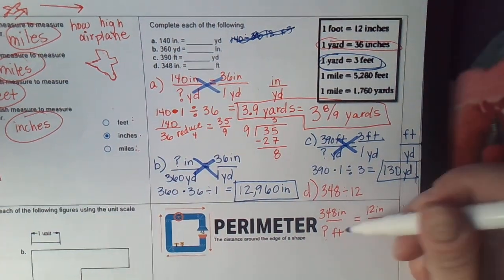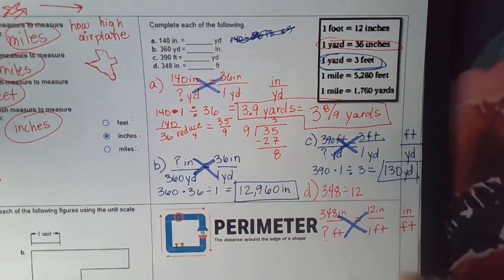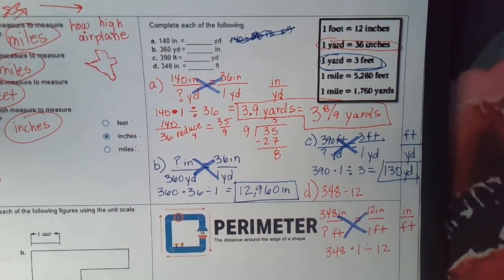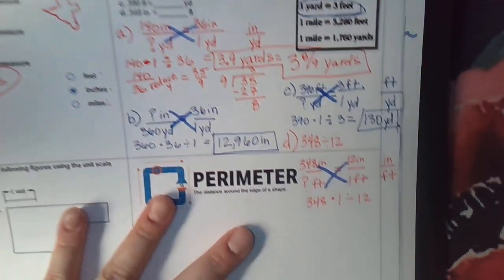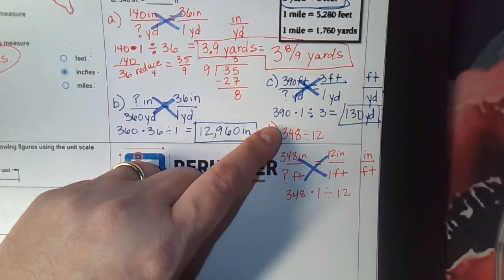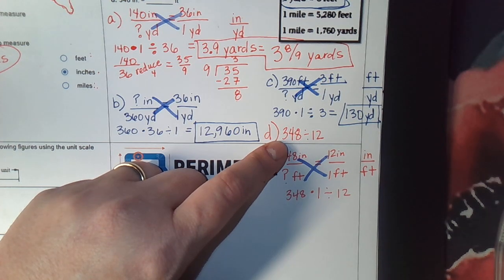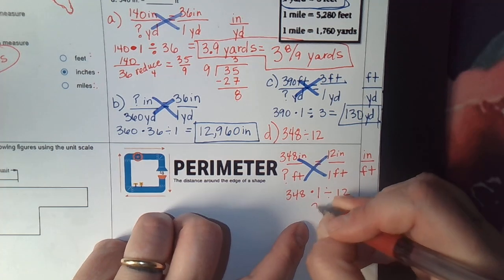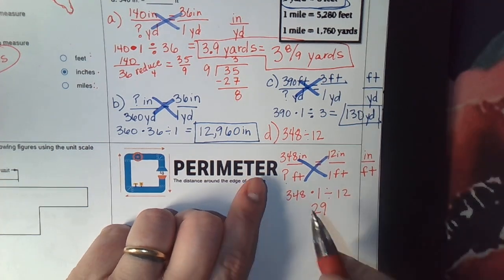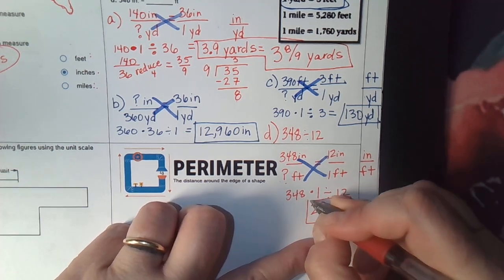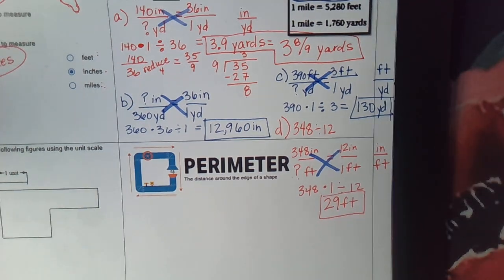And then if we cross multiply and divide, you can see that we do 348 times 1 divided by 12. And that's the same thing as 348 divided by 12. So it doesn't matter if you use the fractions or if you just use your brain. Either way, we get 29. And the question mark was for feet, so feet. Huzzah.